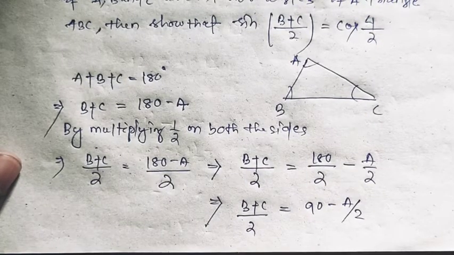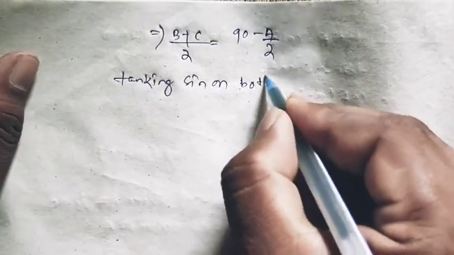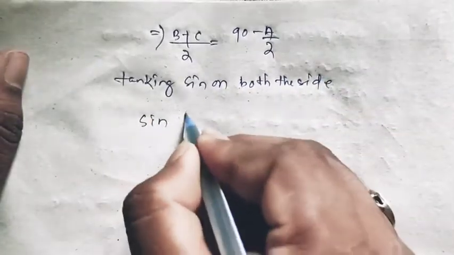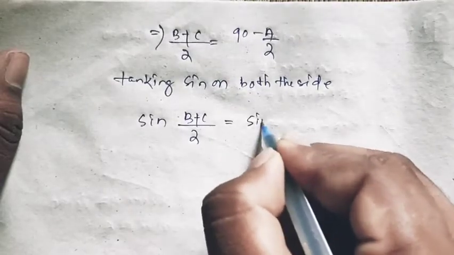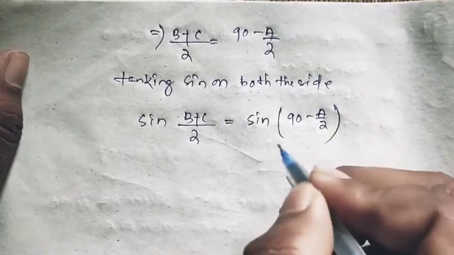Okay. So I can write, taking sine on both the sides, sine (B plus C) by 2 is equal to sine (90 minus A by 2), right?